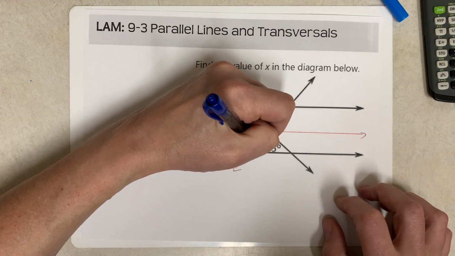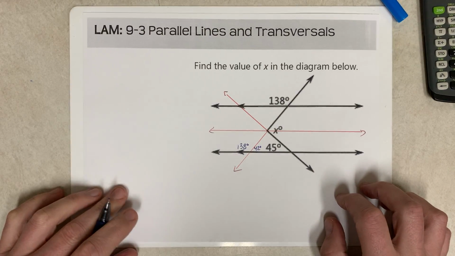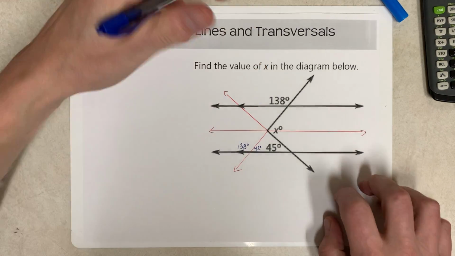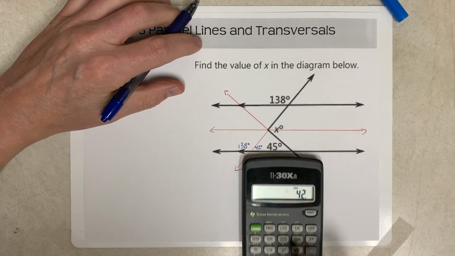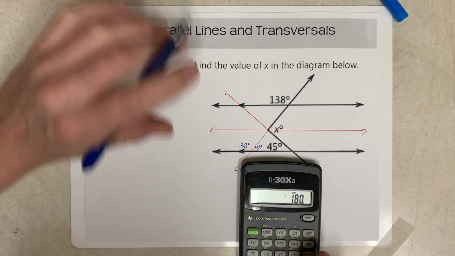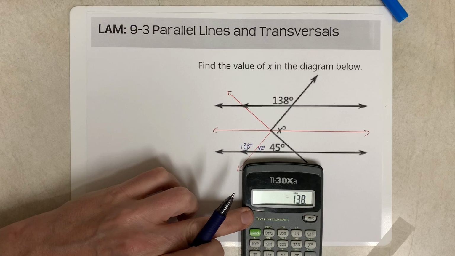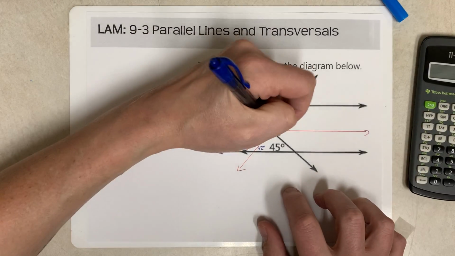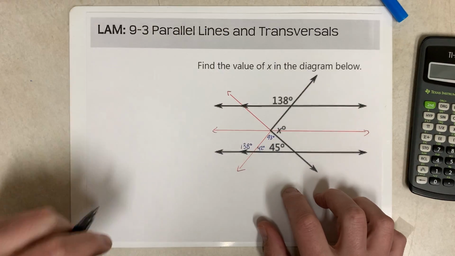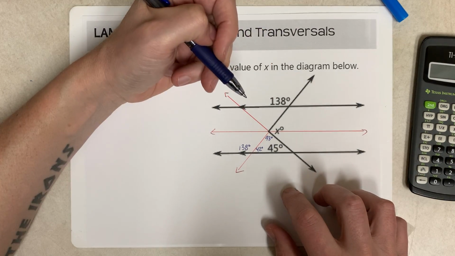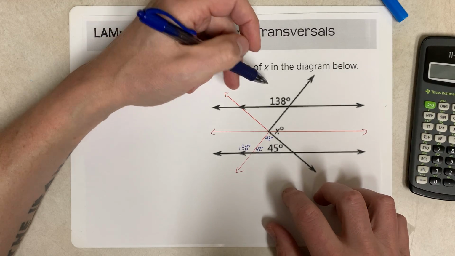That means this one has to be 42. All 3 of these angles in this little triangle right here have to add up to 180. So if I take 180 minus 42 equals, then minus another 45, I'm going to get the third one, and that's 93 degrees right there. Okay, that one's 93. Let's see what else I can get.